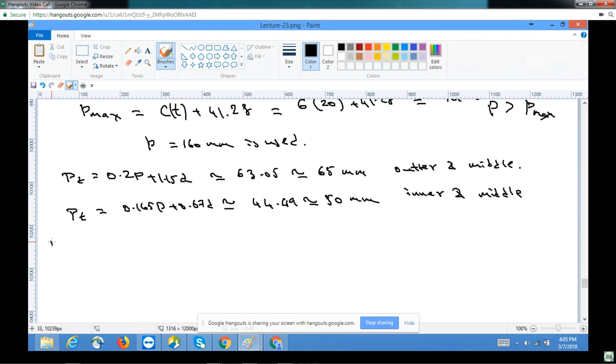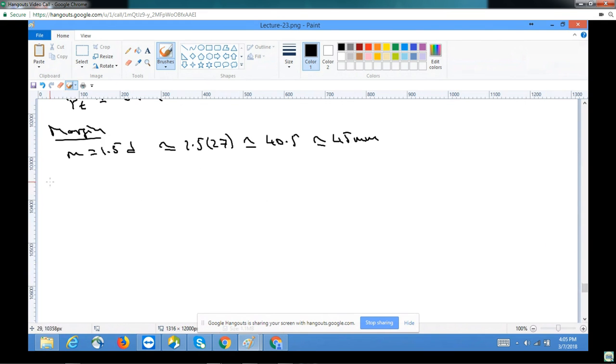And for the margin, we'll take m equal to 1.5 times d. 1.5 times 27 is 40.5, so approximate to 45 mm. Then comes the thickness of the straps.